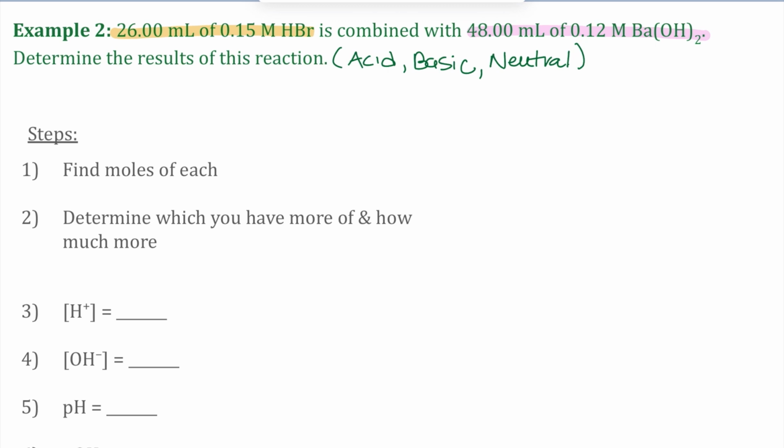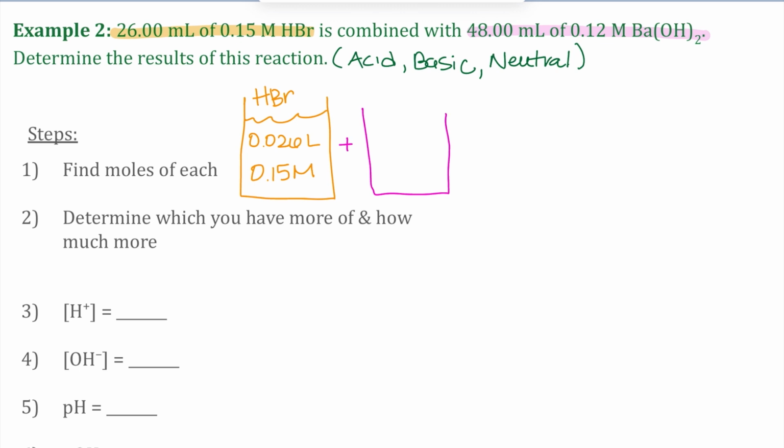With this, I sometimes will look at these and say, okay, this is a solution. Our first solution is that HBr solution. We have 26 milliliters or 0.026 liters of this 0.15 molar solution. I am then going to combine that with my BaOH2 solution, and again we have 0.048 liters of 0.12 molar solution.